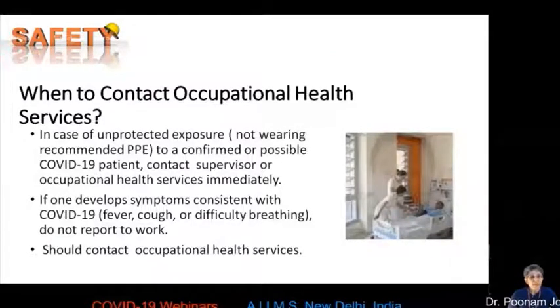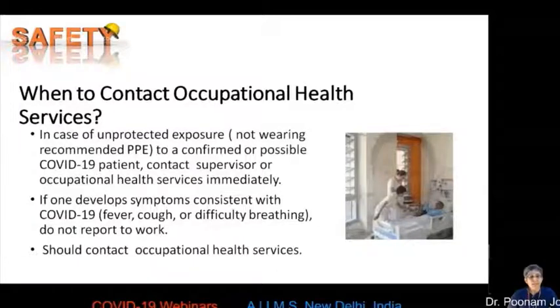A few words about the safety of healthcare professionals. Many times it can happen that the personal protective equipment loses its integrity, it is torn, or it is not properly used by the healthcare professionals. In such a situation, we have to seek medical help. When to contact the occupational health services?